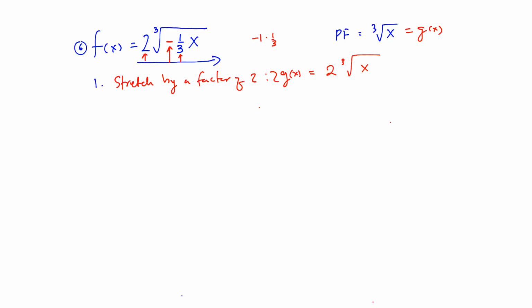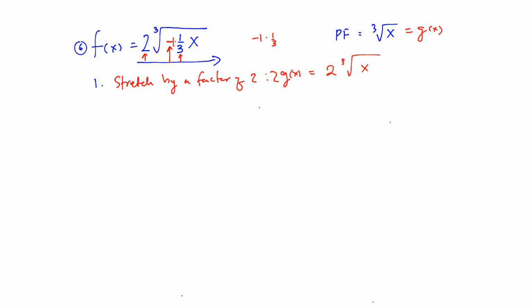But notice that this is -1 times 1/3. Multiplication is commutative, so you could do the reflection first and do the horizontal stretch, or you could do the horizontal stretch and do the reflection too. So that always works. But I think going on a linear path is helpful so that you don't get confused.